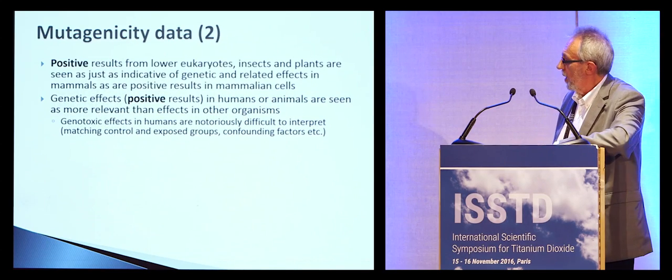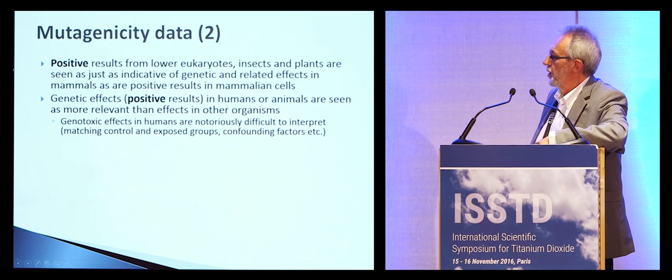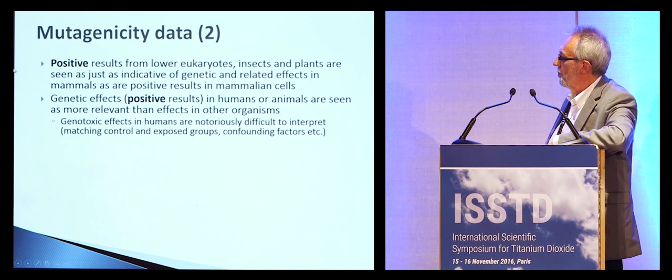So, how are the data evaluated? Well, positive results from lower eukaryotes, insects, and plants are seen as being just as indicative of genetic and related effects in mammals as are positive results in mammalian cells.